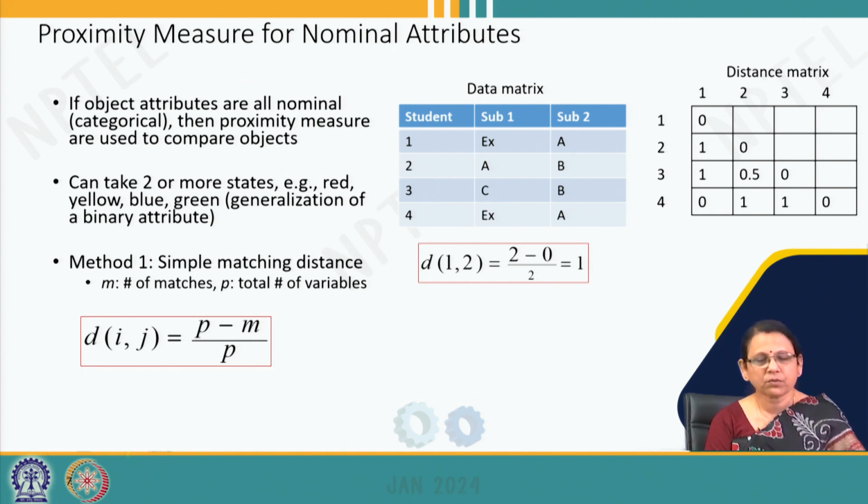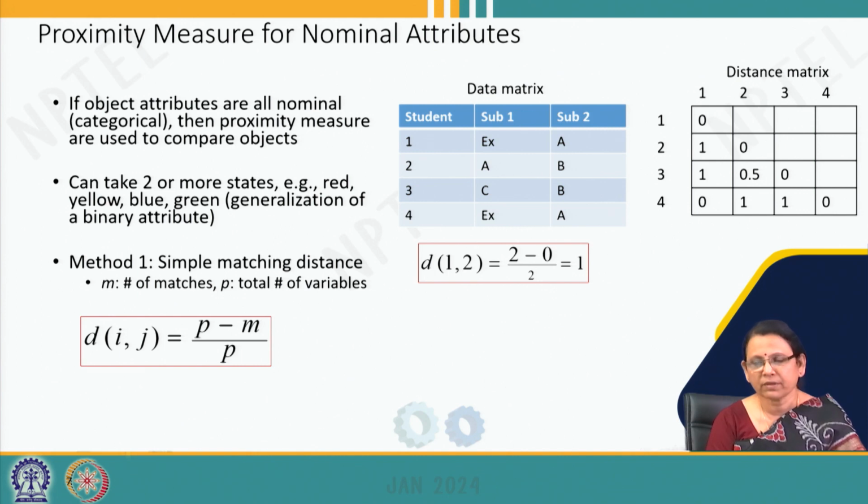So, if we have nominal attributes, the first measure, which is very simple, is based on the simple matching distance concept. In this concept, we simply match the items.